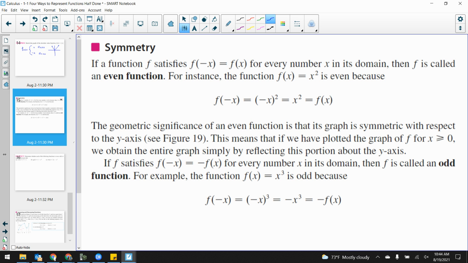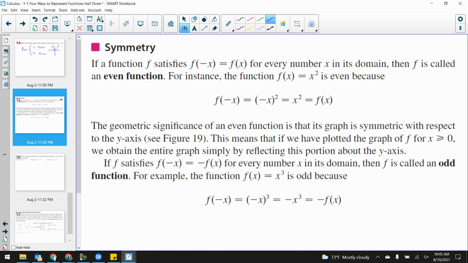What does that mean? That means if you can plug in -x into the function, whatever that function may be, and it doesn't change anything, you get back out f of x like you started, then it's even.